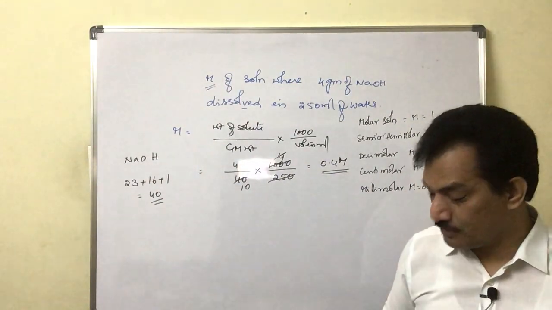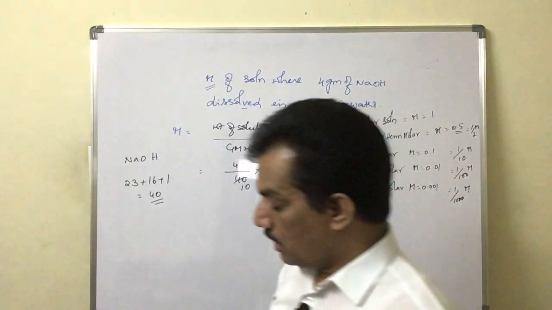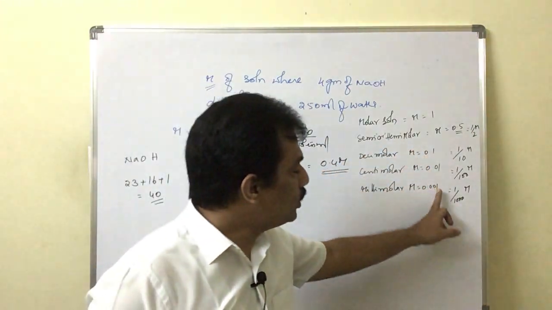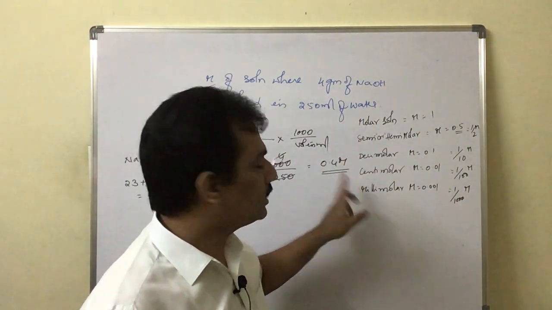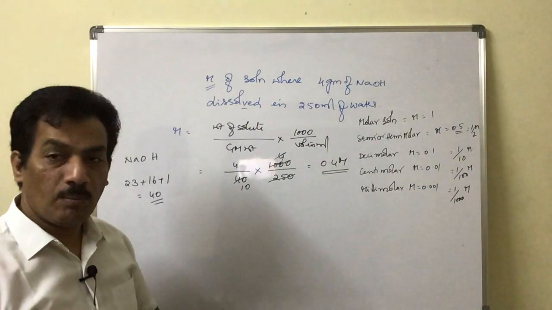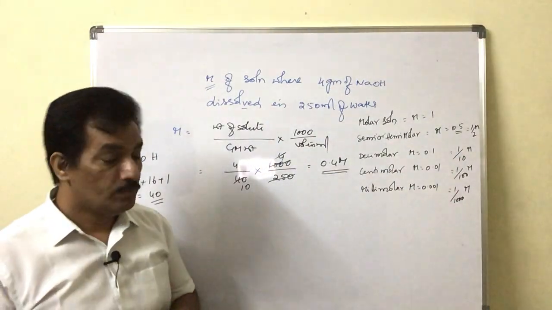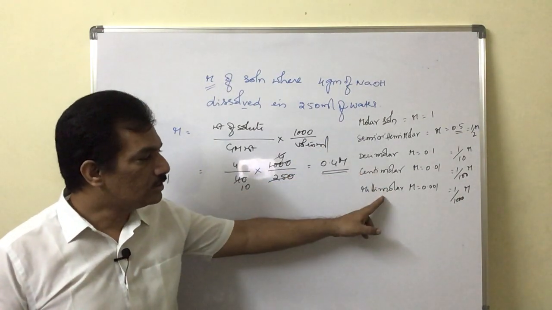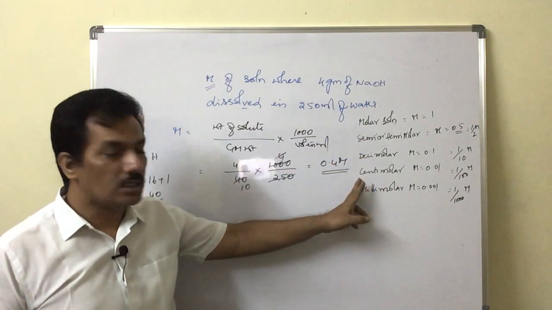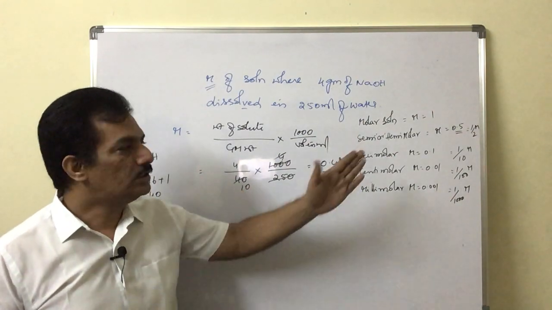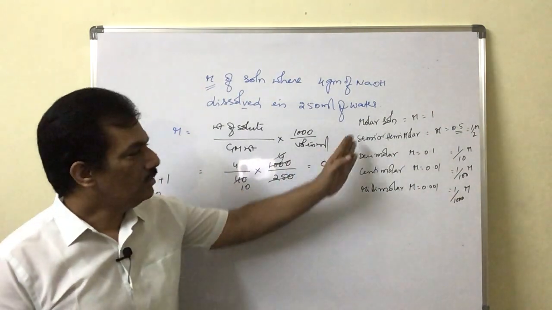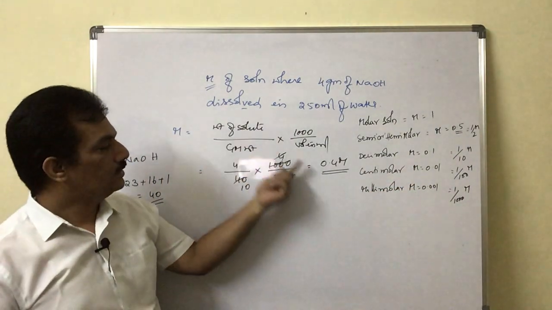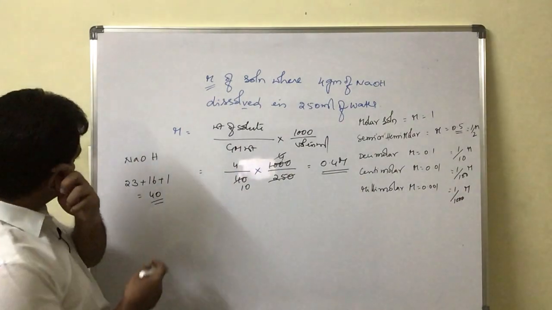You have to remember these values, because sometimes they provide the concentration of the solution using these terms instead of the numerical value. Then you have to apply these values. Clear?